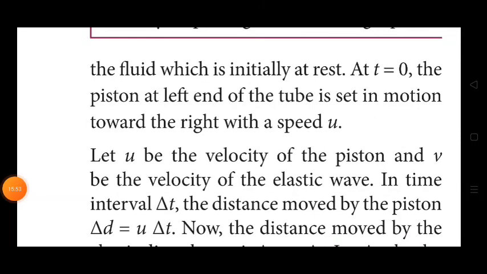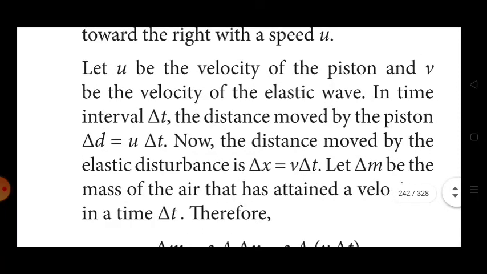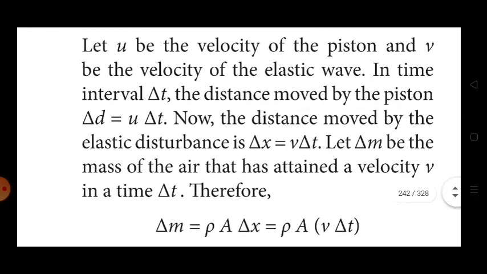At t equal to 0, the piston at the left end of the tube is set into motion towards the right with the speed u. Let u be the velocity of the piston and v be the velocity of the elastic wave. In time interval delta t, the distance moved by the piston, delta d, is equal to u into delta t. Now, the distance moved by the elastic disturbance is delta x is equal to v into delta t.